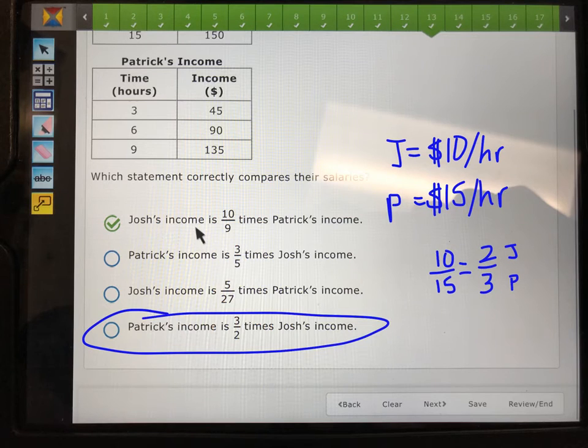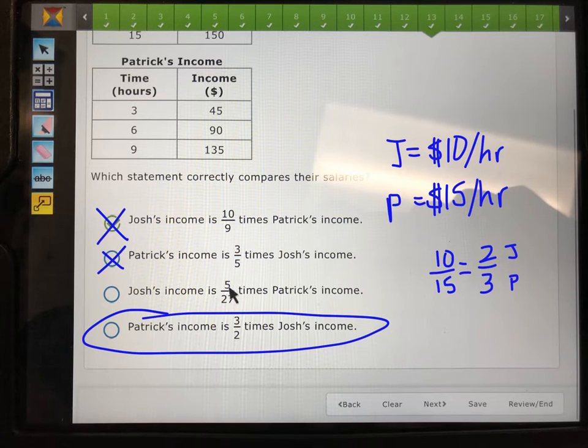So if Josh's income is 10/9 of Patrick's income, well, since Josh is 10, Patrick would have to have 9. And that's not true. First of all, Josh doesn't make more than him, and this is bigger than 1, so not correct. The second statement says that Patrick's is 3/5 of Josh's, so that Patrick's is smaller than Josh's, because this is less than a whole. Well, Patrick is not smaller than Josh, so again, not correct.